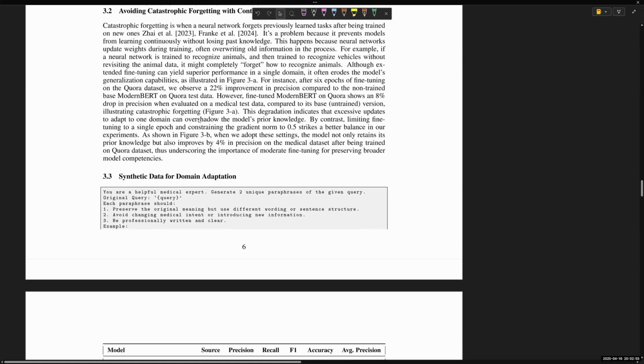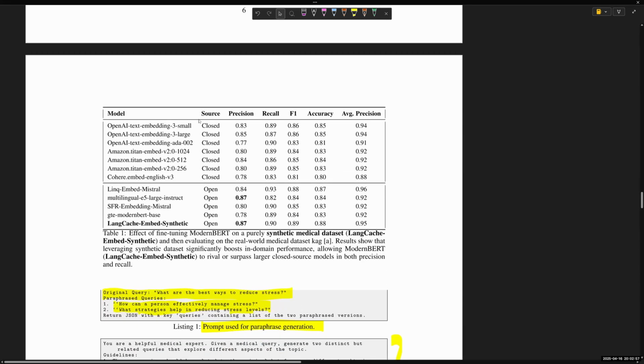Now, how does it all work if you look at the overall result? Because in this game, average precision and precision are the key metrics. We should focus on how well this model does compared to all the others. And as you can see, both in the precision column and in the average precision column, it does quite well, right?